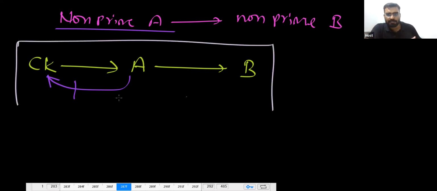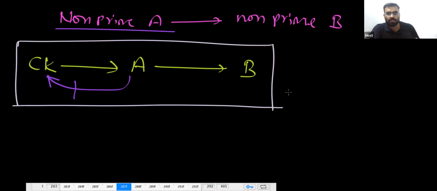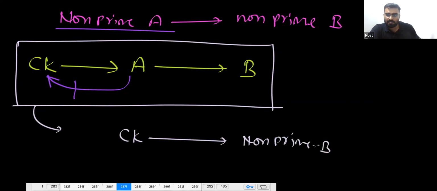Picture perfect. Yes or no? So here, who is transitive? Here I can say candidate key, and this is non-prime B, and this is the transitive dependency.